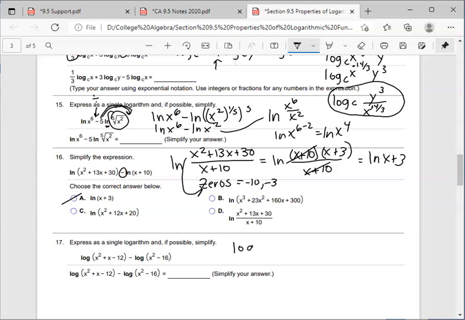Same thing on this one, we are subtracting. So we are dividing. Right, however you want to factor this. Could use the quad program again on both of these, that would work.